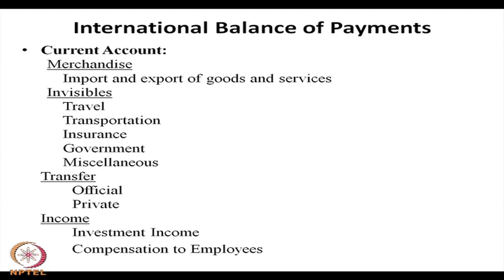However, at present, in the current account in the Indian context, we have the merchandise account, exports and imports. Our imports are more than our exports. For that reason, we have a current account, particularly merchandise account, deficit. And we have been correcting the trade deficit through invisible inflow.